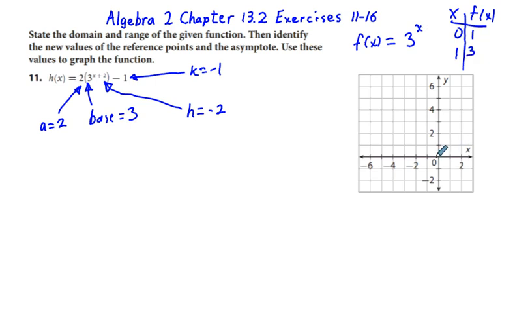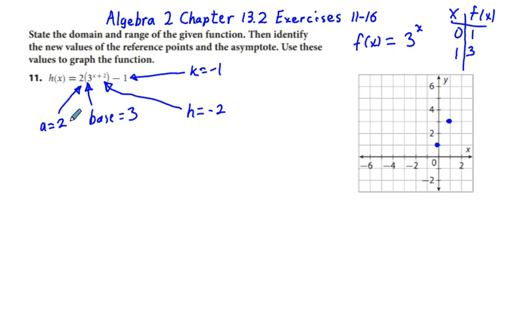So the parent function gives 0, 1, and 1, 3. These will be our reference points that we're going to transform to create the graph of this function.